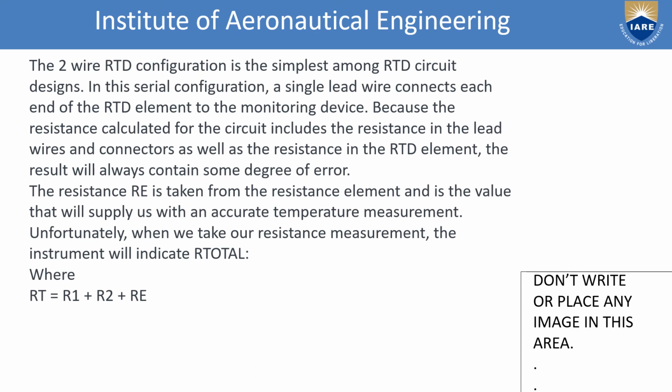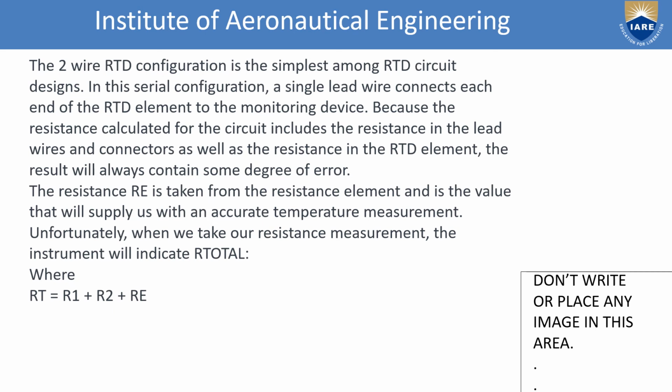Because the resistance calculated for the circuit includes the resistance in the lead wires and connectors as well as the resistance in the RTD element, the result will always contain some degree of error. The resistance RE is taken from the resistance element and is the value that will supply us with an accurate temperature measurement.